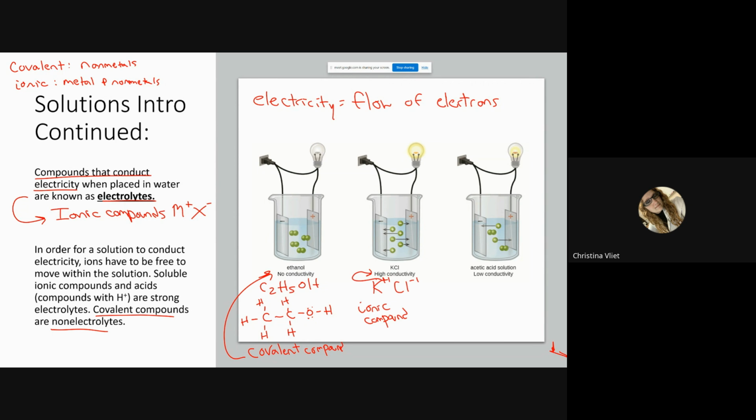Now the last one is acetic acid. We have said a little bit about acids in this class. I've taught you a little bit, and later on in this unit, I'm going to go a lot more over acids. But what do you remember, if anything, about acids? Anything at all?